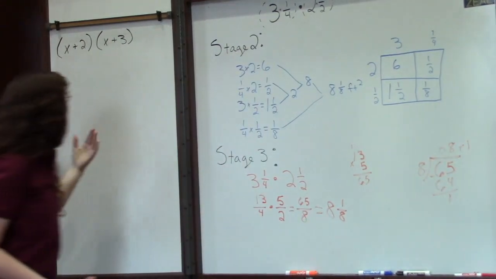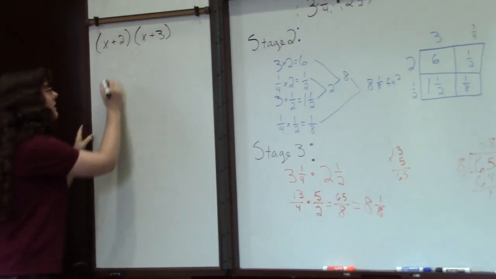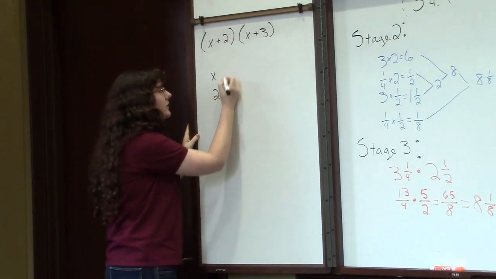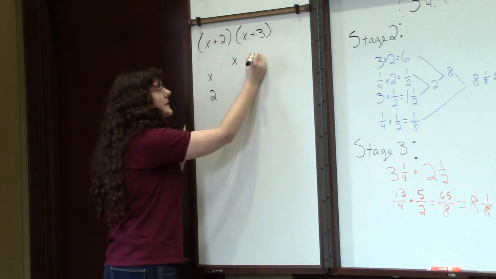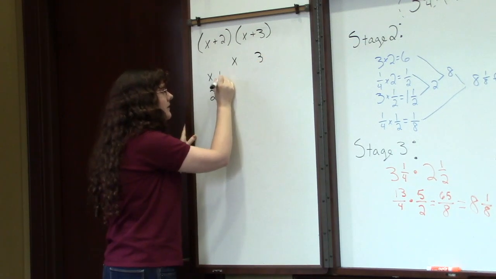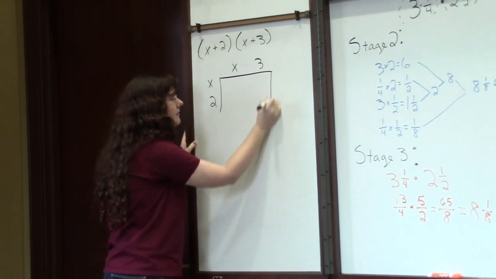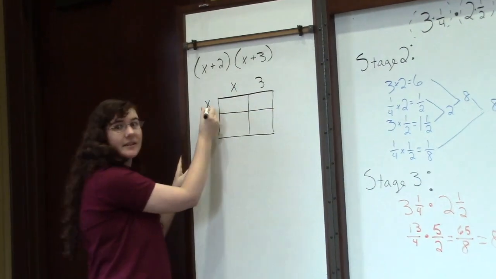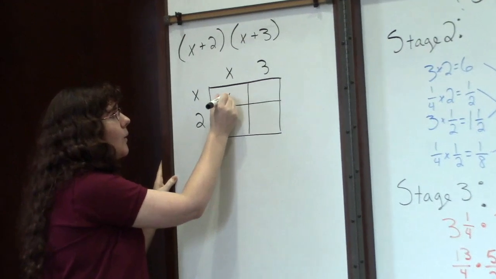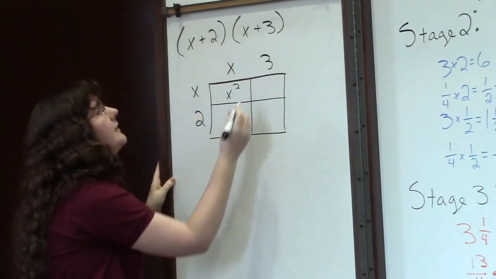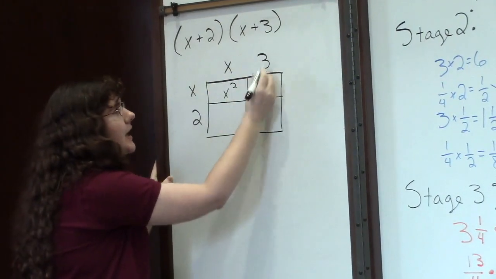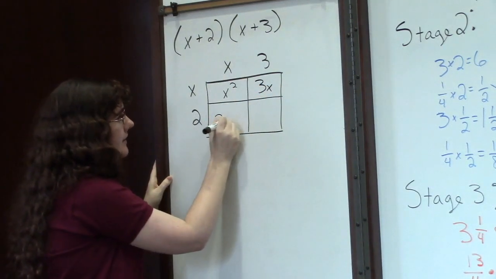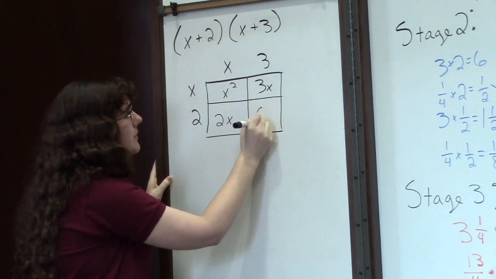They could work out x plus 2 times x plus 3 the same way: x times x, or x squared, and x times 3, and 2 times x, and 2 times 3.